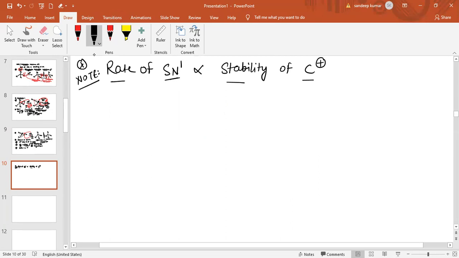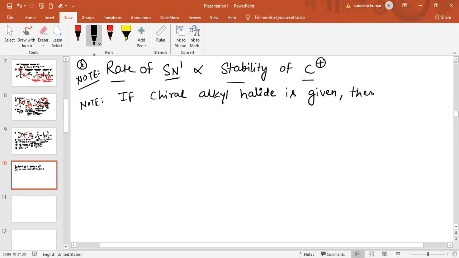Now, note number two: if a chiral alkyl halide is given, then racemization takes place.